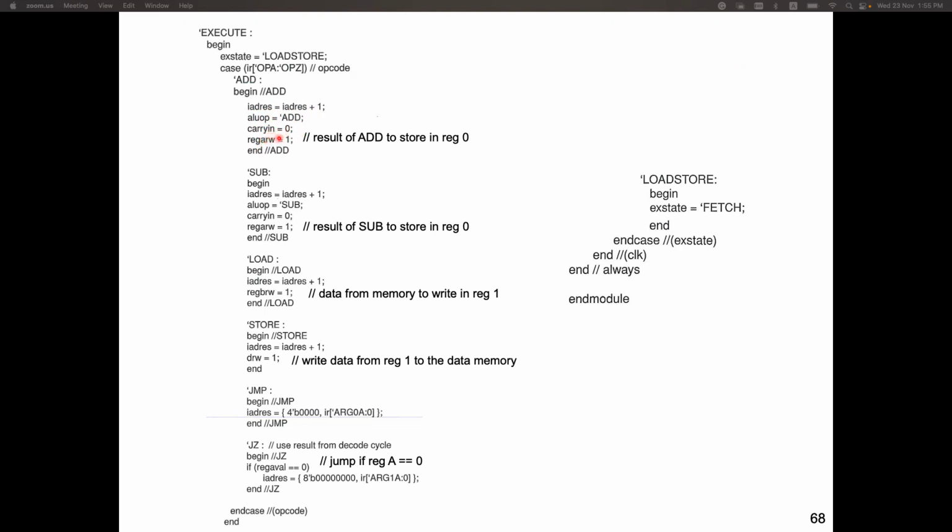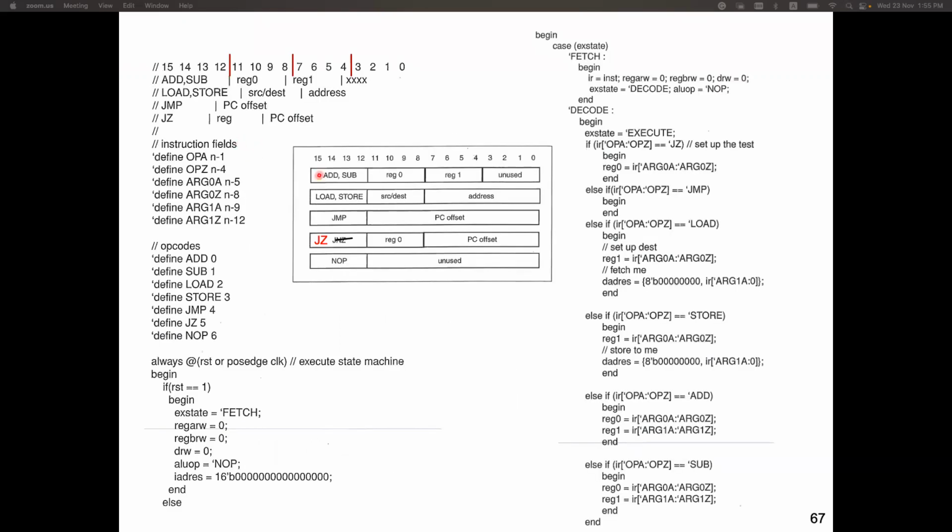Set some input output pins. The carry in is set to 0. We don't use the carry in here. And for the add operation, we add the content of register 0 and the content of register 1 together, and the result is going to be stored back in register 0.